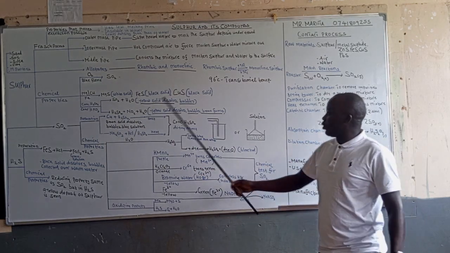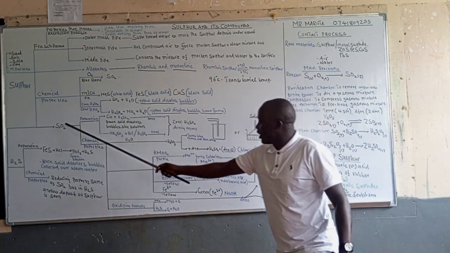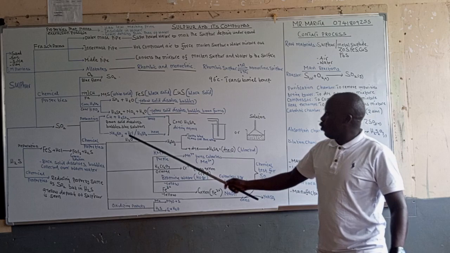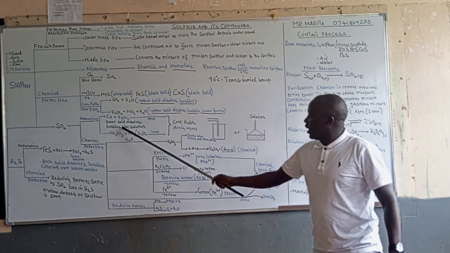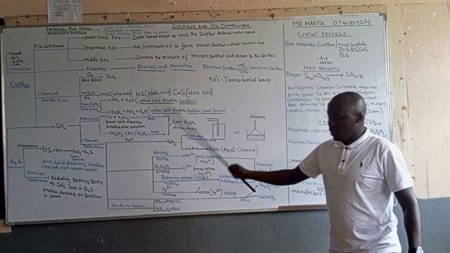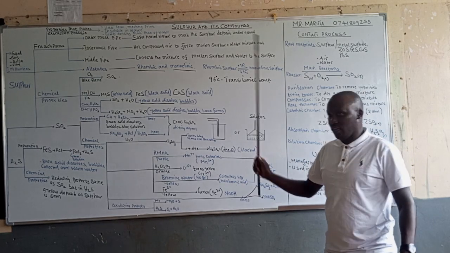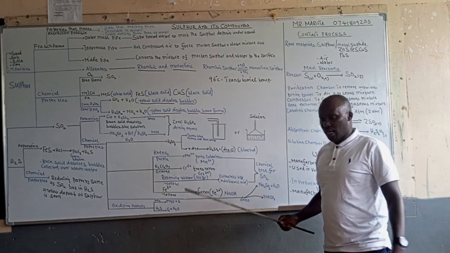You can also have another reagent for preparing this gas, whereby you can react sodium sulfide plus hydrochloric acid or sulfuric acid, and the condition required here is heat. Now you will be collecting the gas.